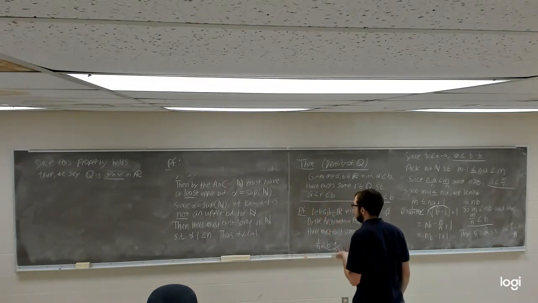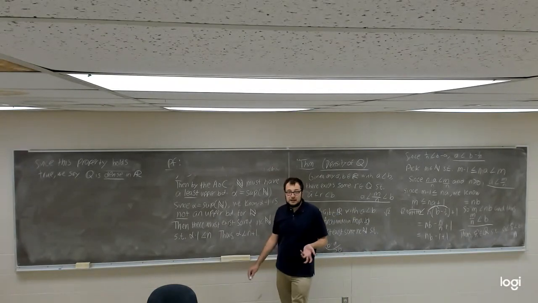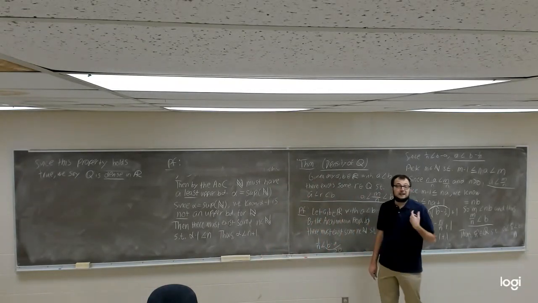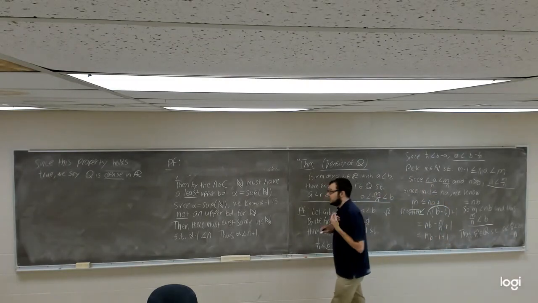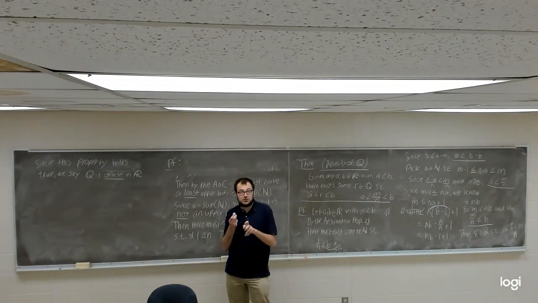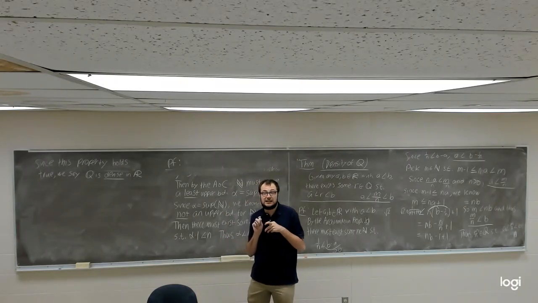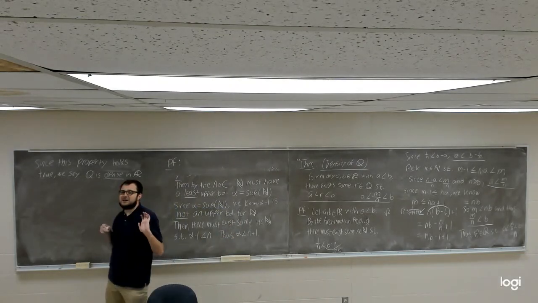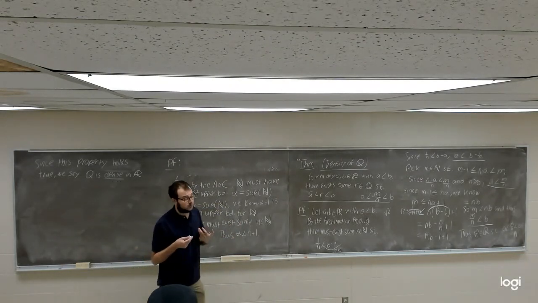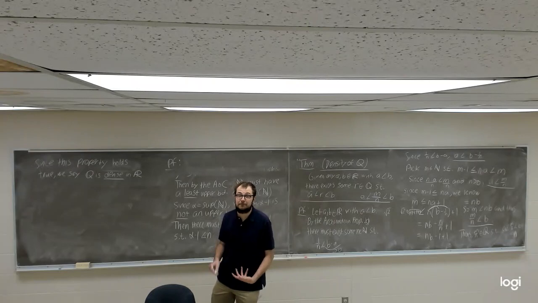So when we say something like Q is dense in R, what that means is that all the rational numbers are packed very tightly within the reals. So no matter how close together you take two real numbers, you're always going to get some rational in there. So the rationals are packed very tightly in the reals. Thus the word dense, or density.